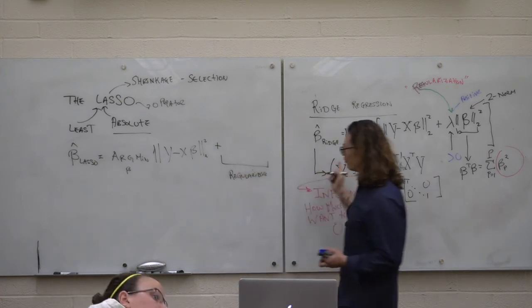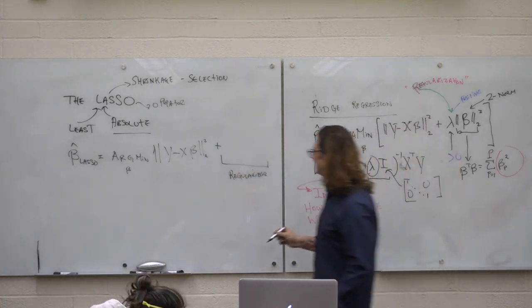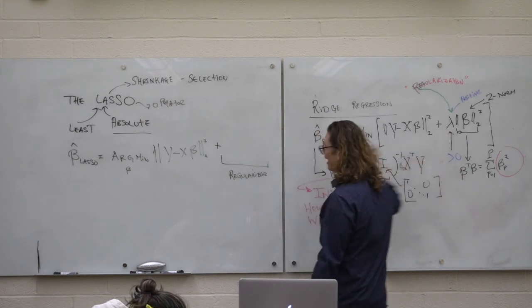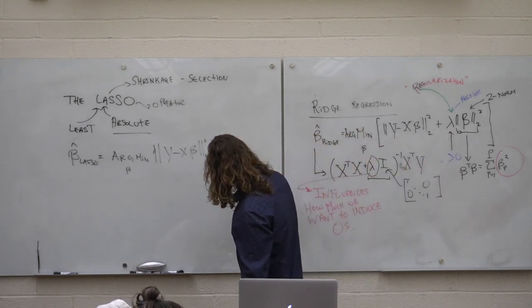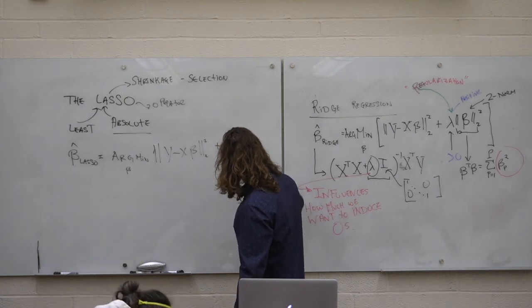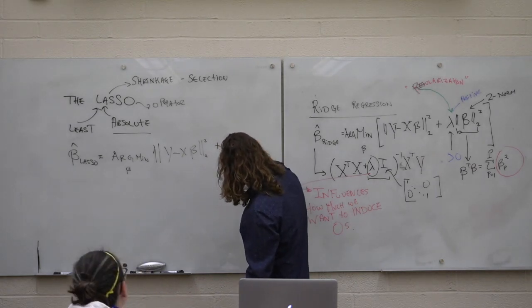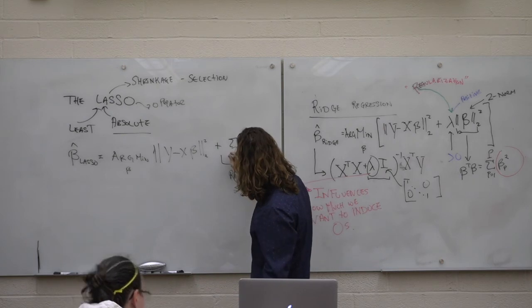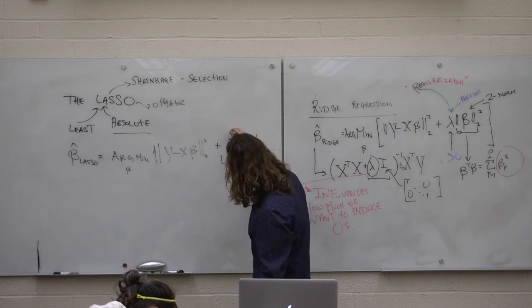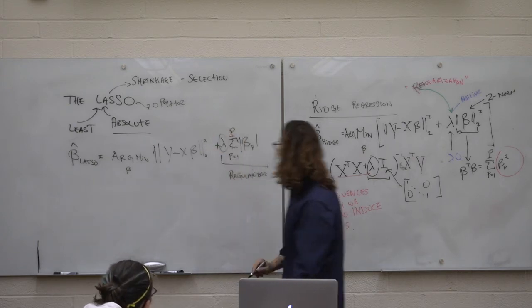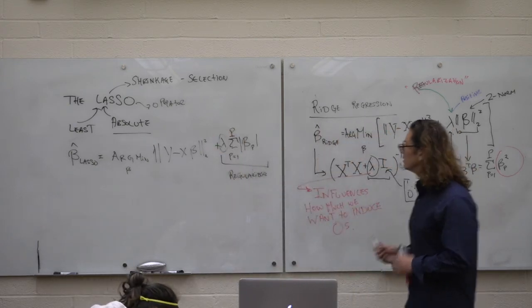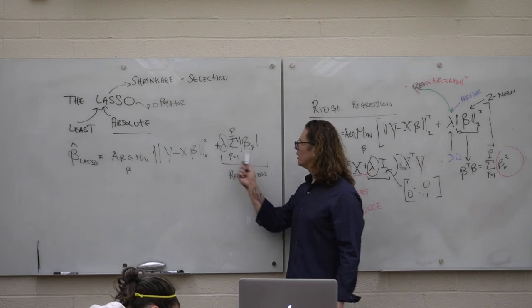Both lasso and ridge are regularization techniques because I append a penalty. In our case, it's the sum of the beta p's, and I'm not going to square them, I'm going to take the absolute value, and put some penalty on it.